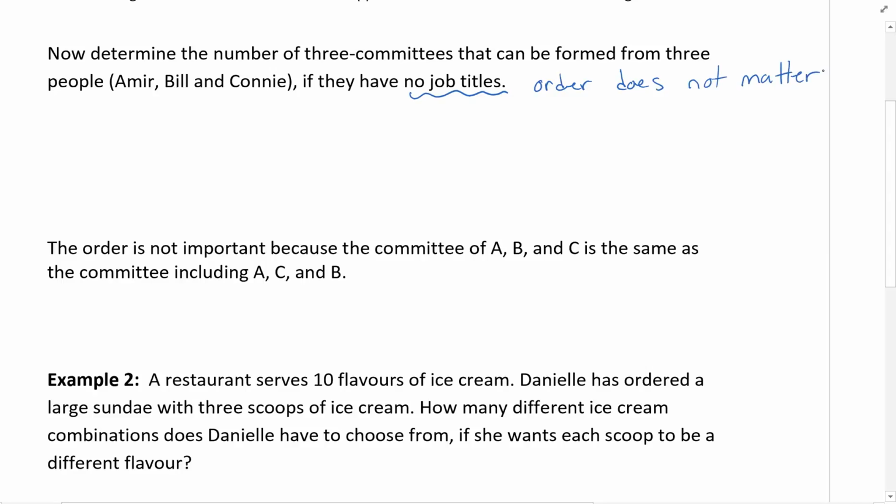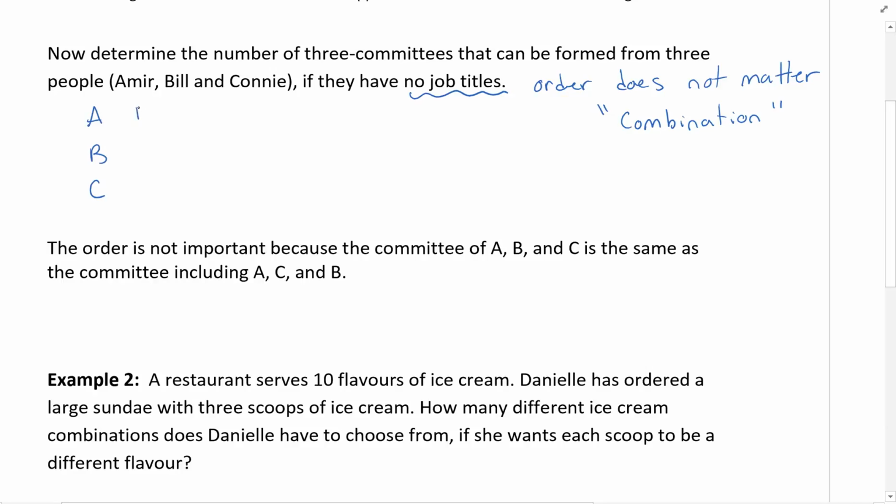Because they all have the same position. And when order does not matter, we consider this a combination type problem, not a permutation type problem. So if I put these 3 titles out again, the fact that I'm drawing the dashes implies permutation, so we cannot use this. If I go Amir, Bill, and Connie, that's one way of forming the committee.